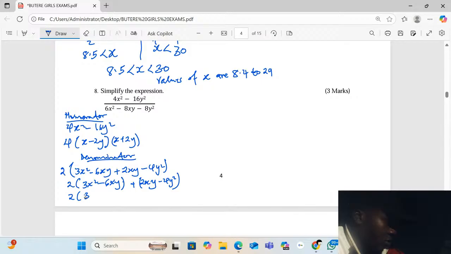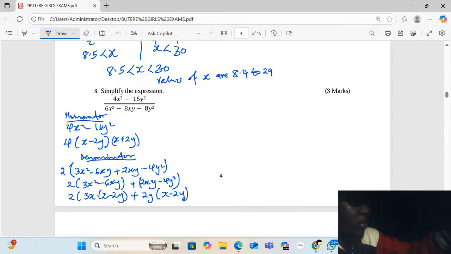So we separate it into 2 so that the common one here, still having 2, but we have now the common here, which is 3x, that goes in x minus 2y, then plus, now the common here is 2y, 2y goes in here, x minus 2y. Then we have x minus 2y, x minus 2y, we take one of it.